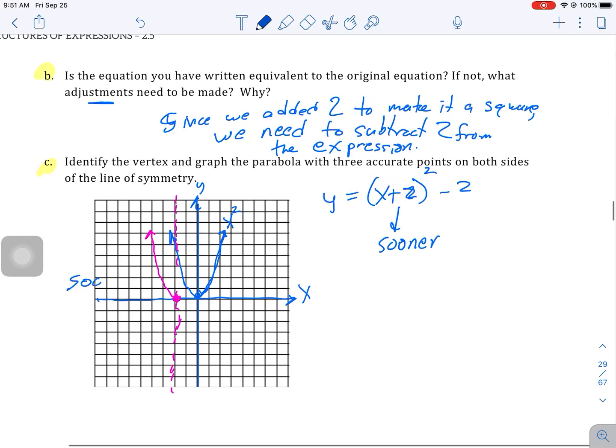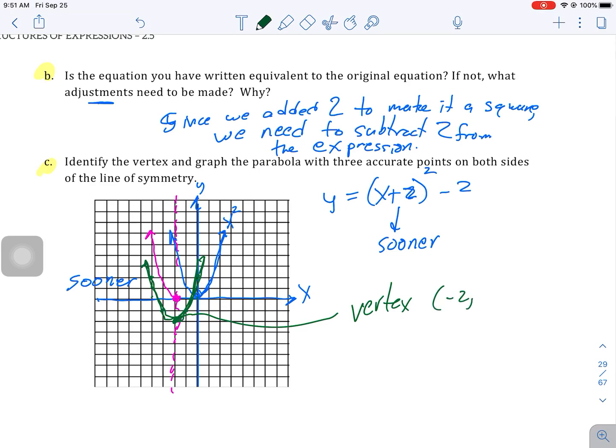So sooner means that it occurs sooner on the x-axis. Now the subtract 2 would be the final step. I'll do it in green. If we subtract 2, we're translating every point so that it subtracts 2 from there. So you end up with this green parabola. And so the vertex, which is right there, is at (-2, -2).